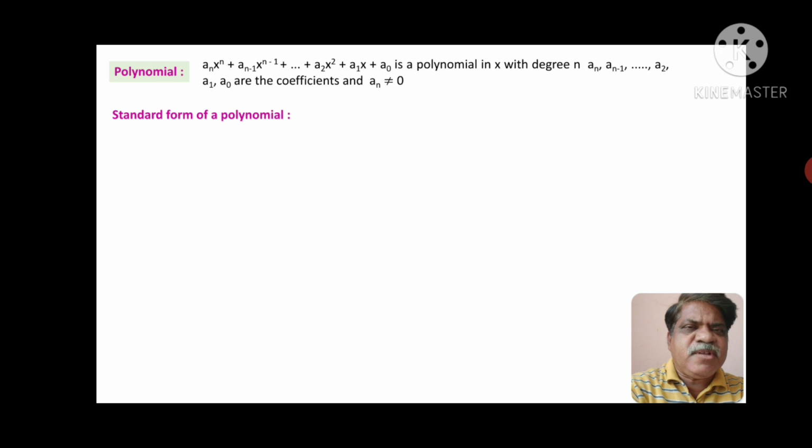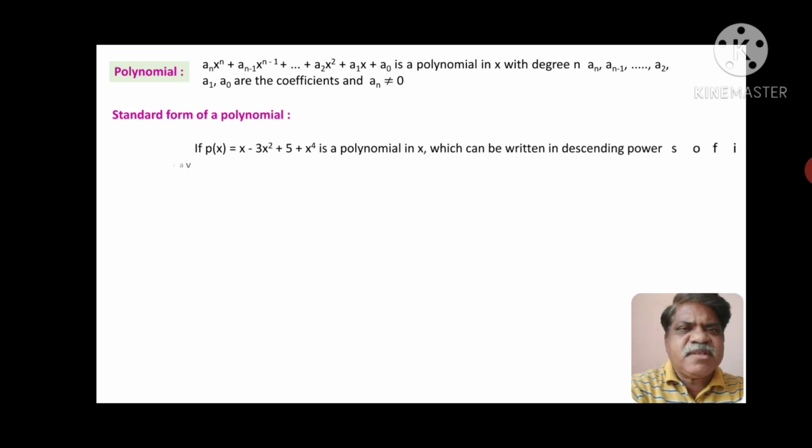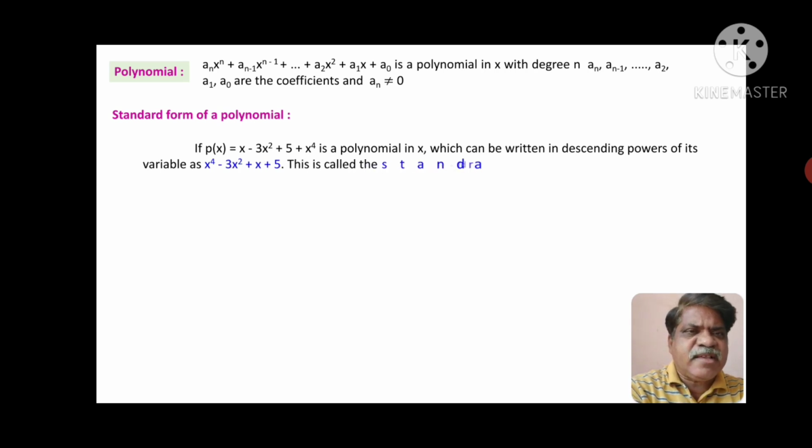So the standard form of the polynomial: if p(x) = x - 3x^2 + 5 + x^4 is a polynomial in x, it can be written in descending powers of its variable, with the highest one first, as x^4 - 3x^2 + x + 5. This is called the standard form of the polynomial.